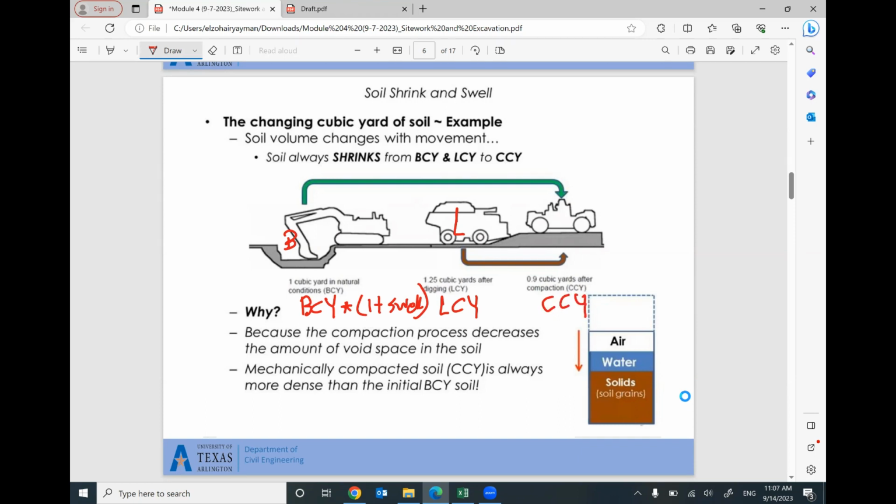If you would like to convert your bank to compacted cubic yard, you have to multiply by 1 minus shrink factor. So keep in your mind, we don't have a direct relationship between the loose cubic yard and compacted. We need to start with bank, the natural state, the original state.